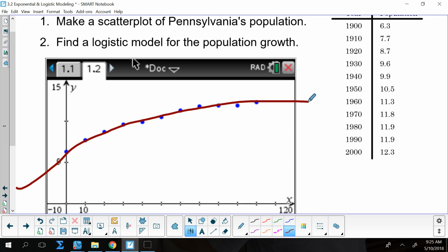So in order to make a logistic function of the form f of x equals c over 1 plus ab to the x, what three values do we need? Okay, what's our upper limit?